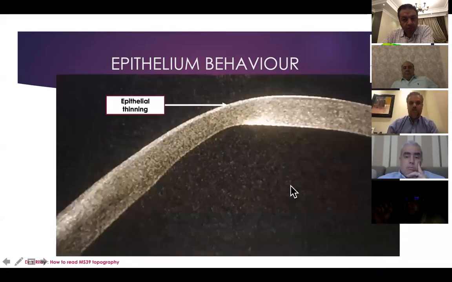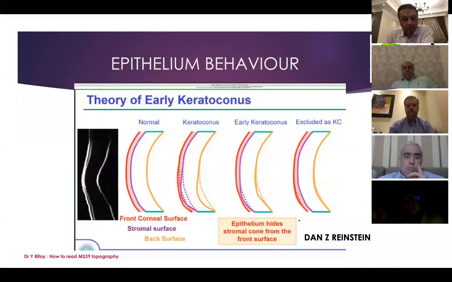Yasser, would you please go back to that slide? Yes. As you see in the one which is early keratoconus, according to Dan Reinstein's classification, there must be a problem on the posterior surface. Posterior, yes. This is one point.